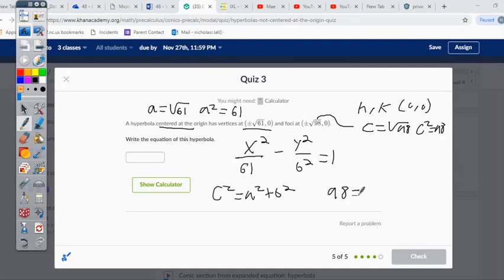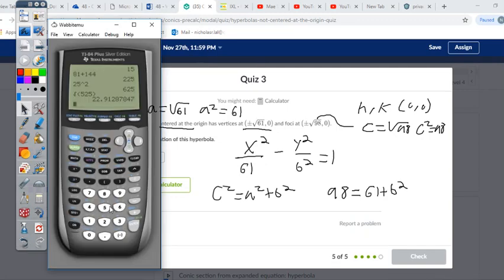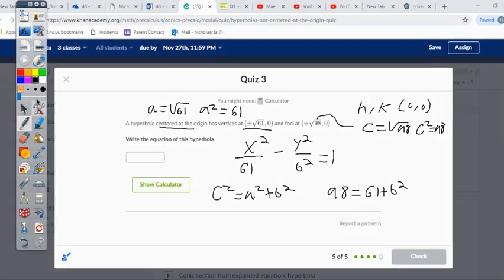So 98 is equal to 61 plus b squared. 98 minus 61 gives b squared equals 37. So this is x squared over 61 minus y squared over 37 is equal to 1.